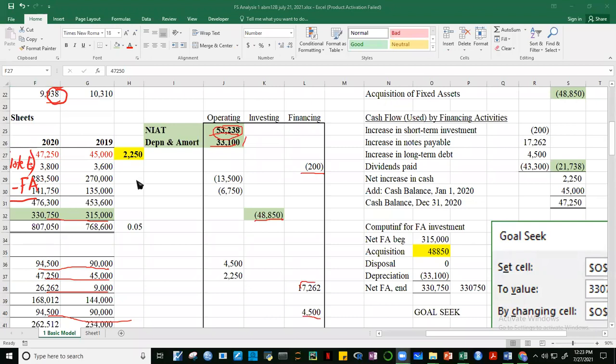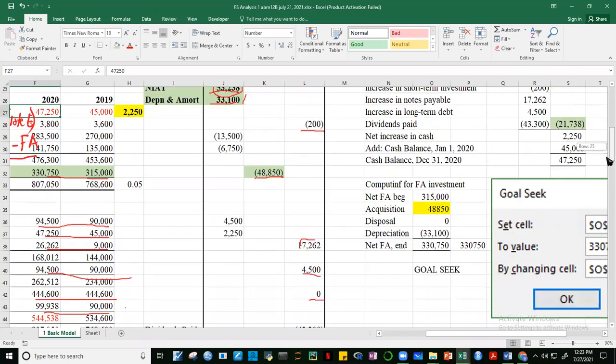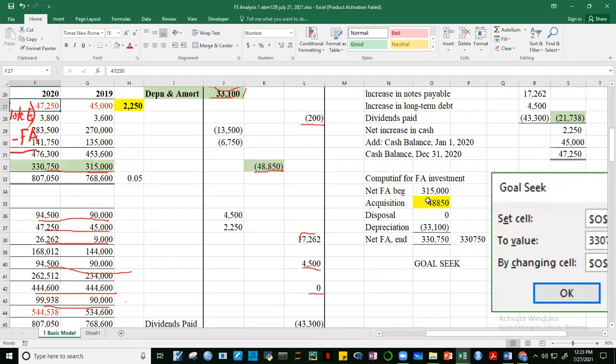None na. Okay, thank you so much, Basti, yung nag-raise ng hand. Yes, Basti? Sir, just want to re-clarify po. Yung sa acquisition ng fixed assets, where did we link? I meant, I was wondering kung bakit po negative yung sa fixed assets.